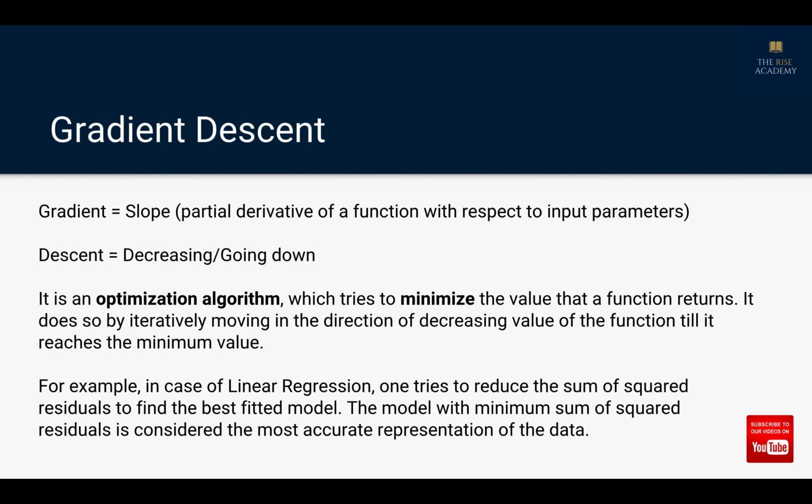If we apply gradient descent to that problem, our function will be the sum of squared residuals, and then gradient descent will iteratively keep moving in the direction of decreasing sum of squared residuals till it finds the one which has the minimum value, and that model would be considered the most accurate representation of the input data to the function, right?